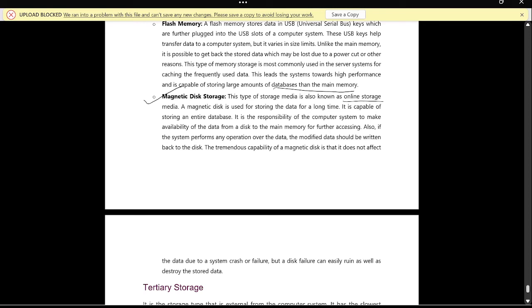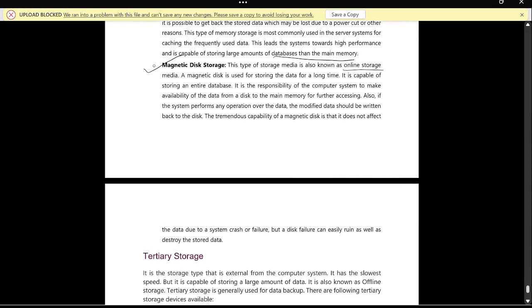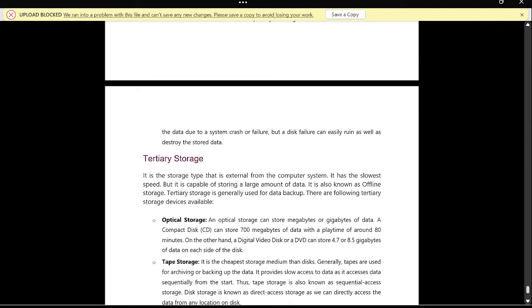Magnetic disks have a lot of storage capacity, and even if you have system crashes or failure, your disk can still run successfully. Restoring of data is also very easy with this secondary storage.